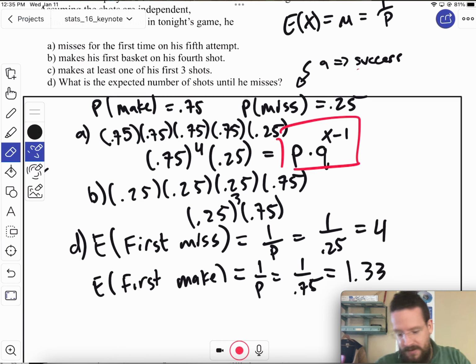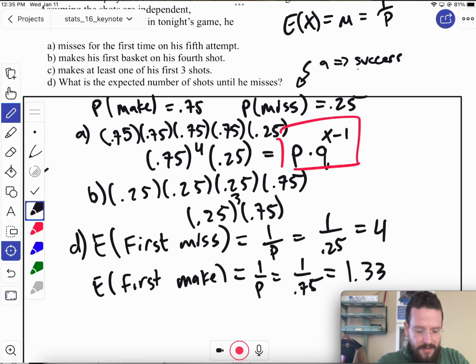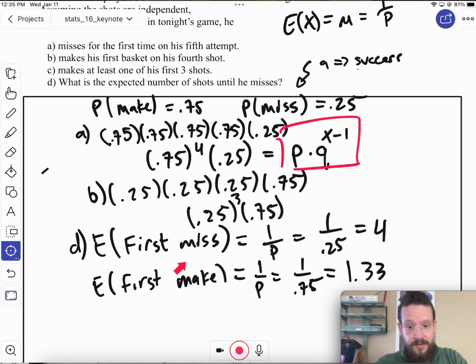For the first one, the expected value until the first miss, I'm expected to take 4 shots until I miss my first one. And I think intuitively that makes sense with these problems, right? If I'm expected to make 25% of my shots, that means until I get my first miss, I'm probably going to take 4 of them.